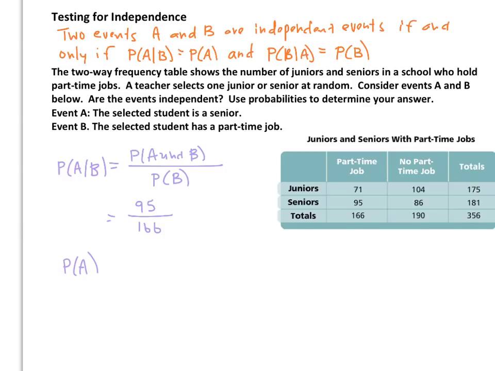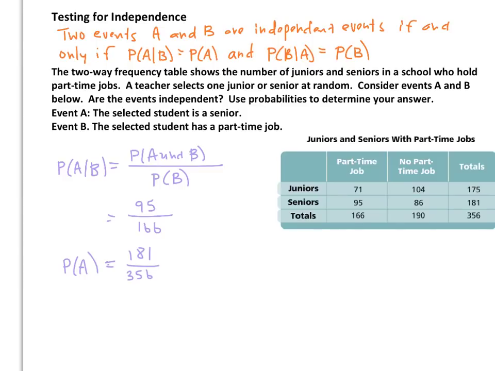So the probability the selected student is a senior, well, there are 181 seniors. And selecting a student, so I just want to know how many total students there are here. Well, there are 356 here. So I have 95 out of 166, and 181 out of 356.